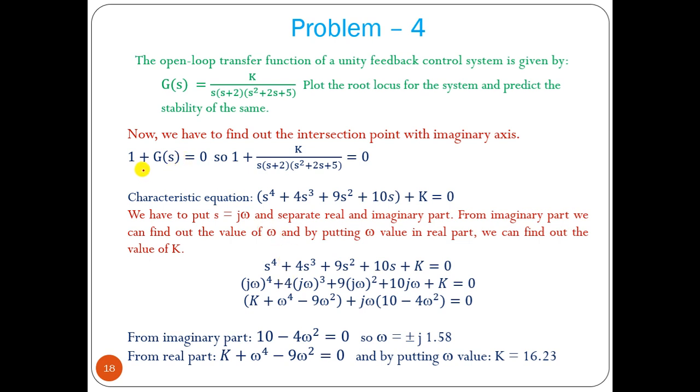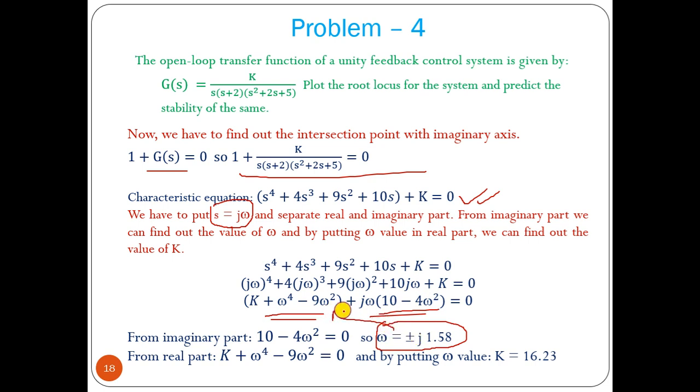We have to form the characteristic equation, put s equal to j omega in that equation, and separate the real part and imaginary part. From the imaginary part we can find the value of omega. Put the omega value in the real part, and we can find the value of K. So that is the problem.